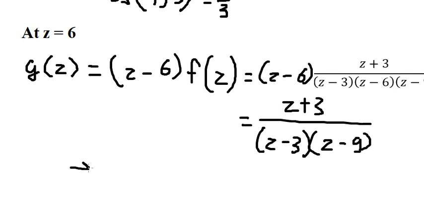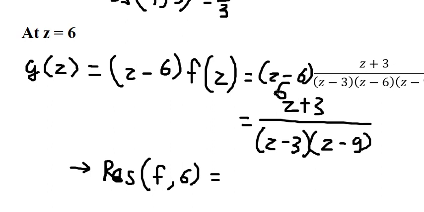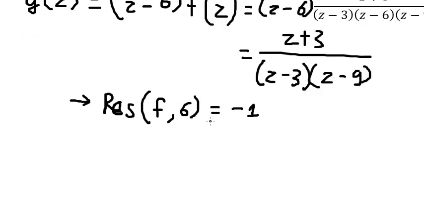And now we can find the residue. Now we put number 6 in here, number 6 in here, and number 6 in here. So we have negative number 1. After we find everything in here, we have the final answer.